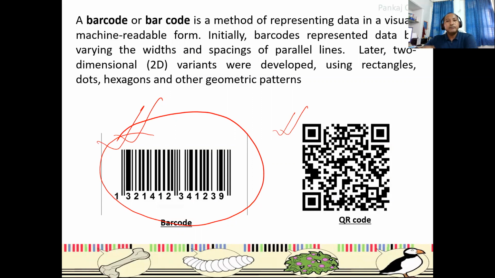So the main purpose of the barcode is automation. That means using some computer software or other tools, one product can be identified.